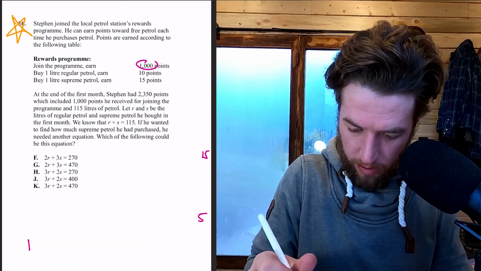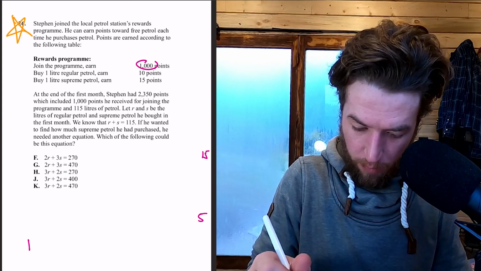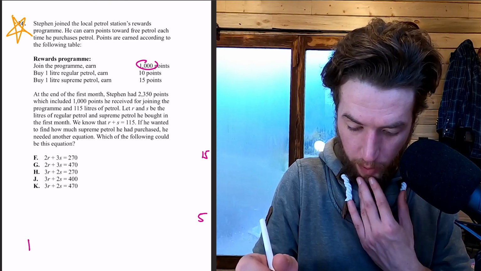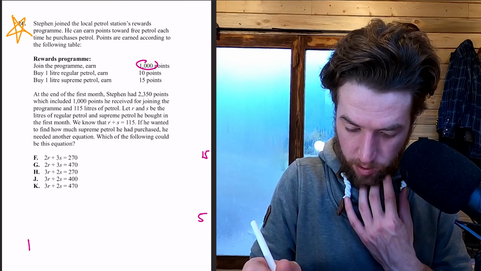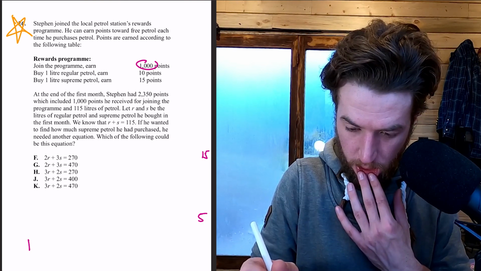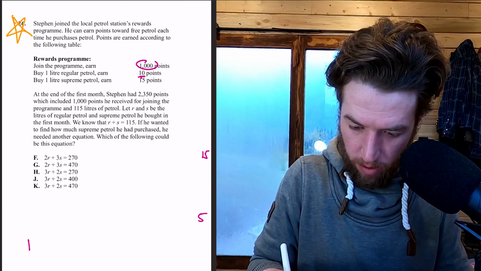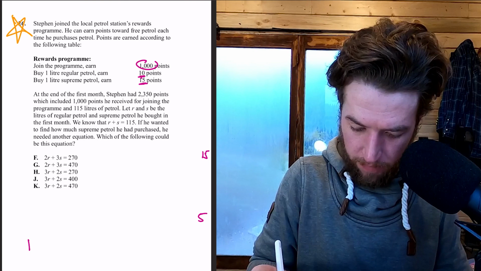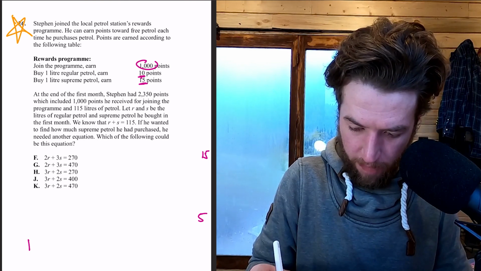So, if he wanted to find out how much Supreme petrol he had purchased, he needed another equation. What could it be? Well, I do know that 3 times R plus 2 times S should equal the difference divided by 5.